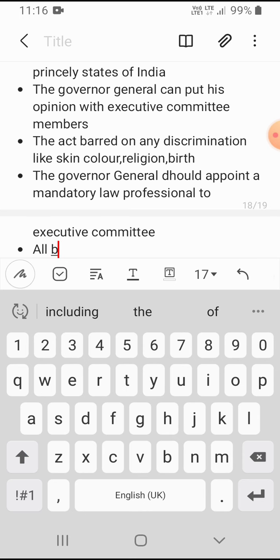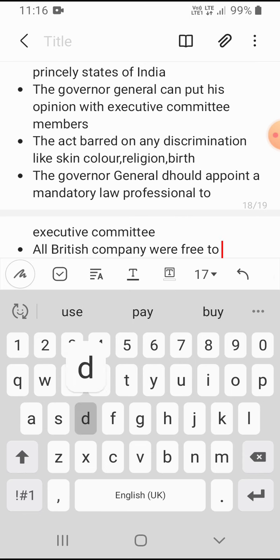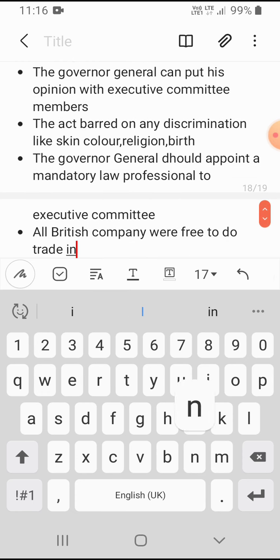And all British companies were free to trade in India.